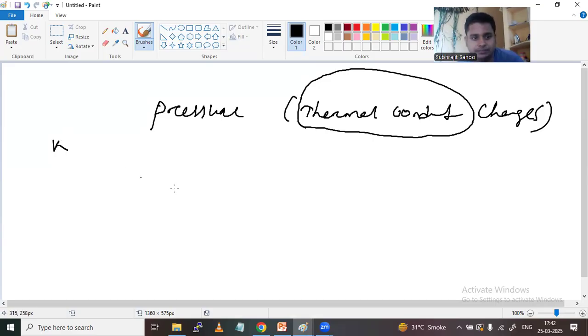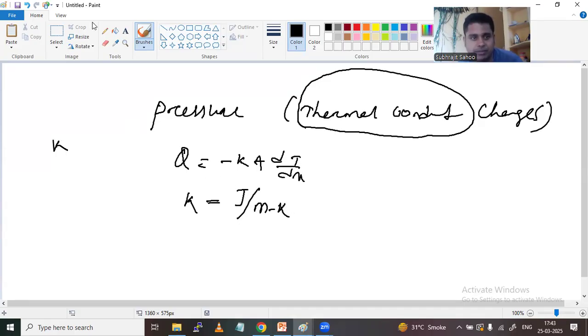What is the unit, sir? You know, heat transfer Q equals minus K A dT by dx. From this, if I simplify, I will get the K unit. I will get joule per meter Kelvin. Like this, the unit I'm going to get, right?